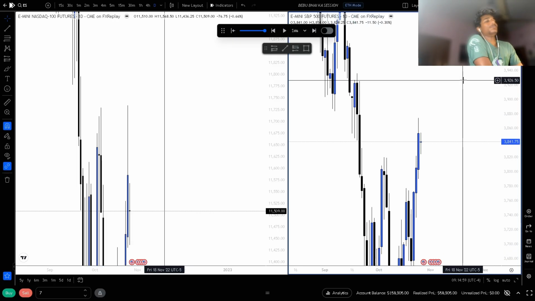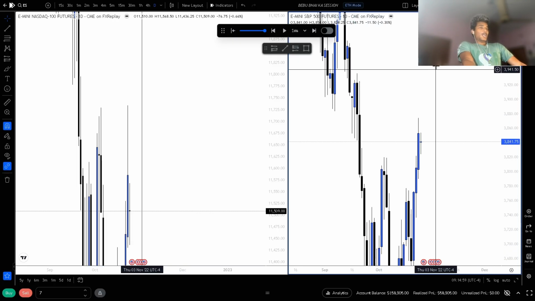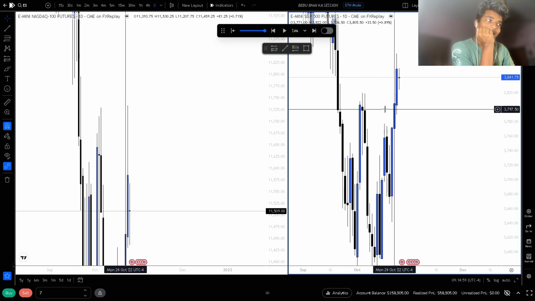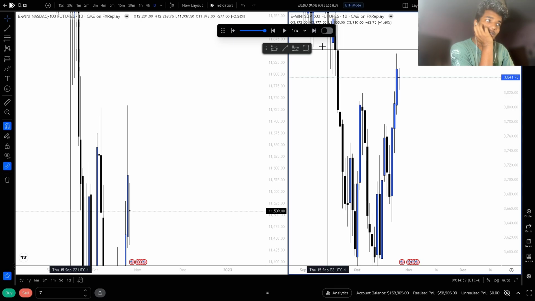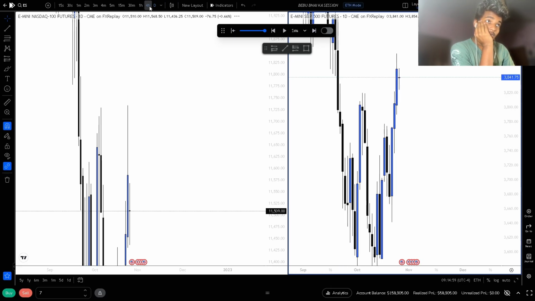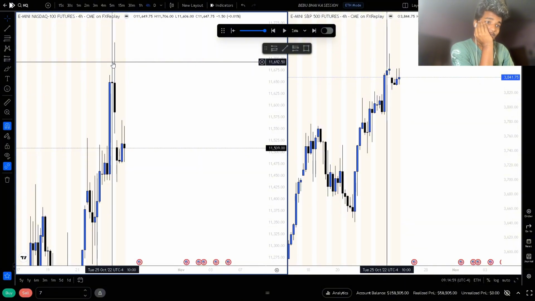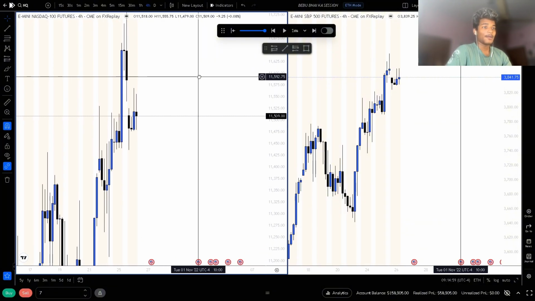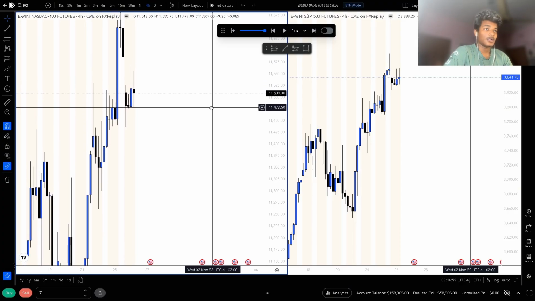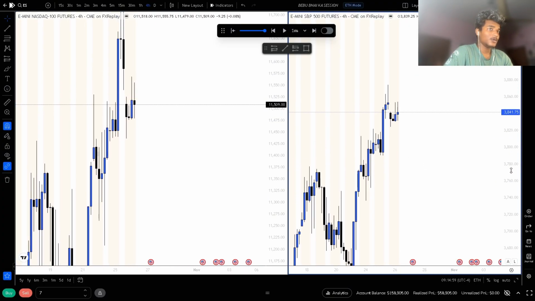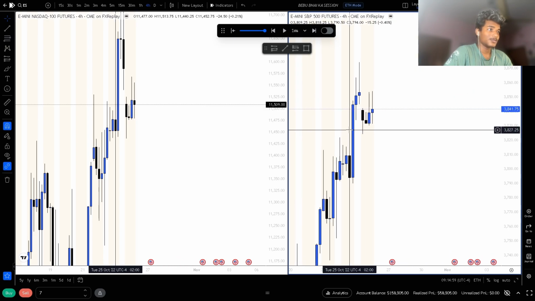So we are bullish on the daily chart, but we have this unfilled gap below us. We may retrace on the daily chart, but on 4 hour, we are reduced. We have this huge new day opening gap, and market is chopping just here.